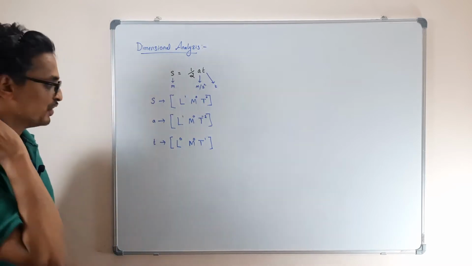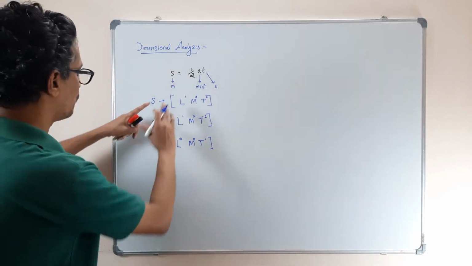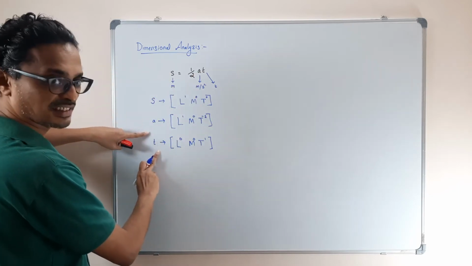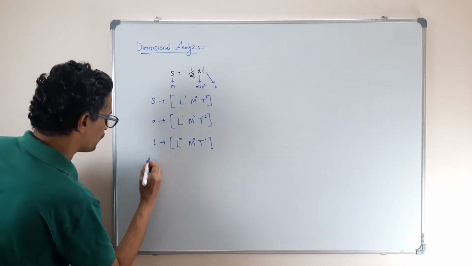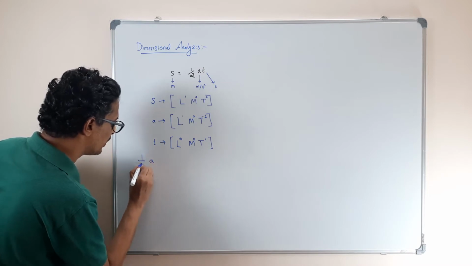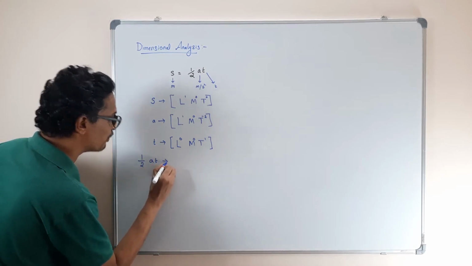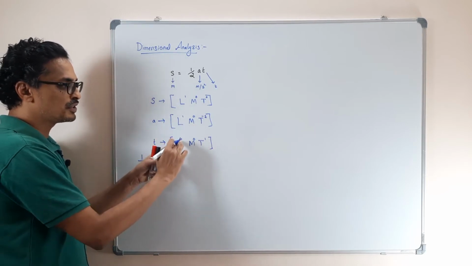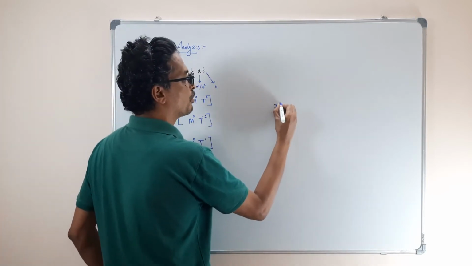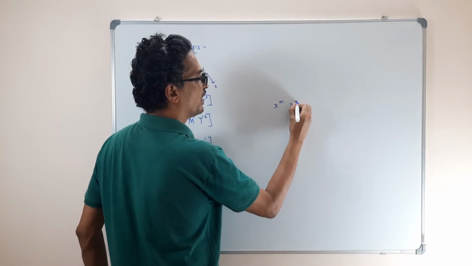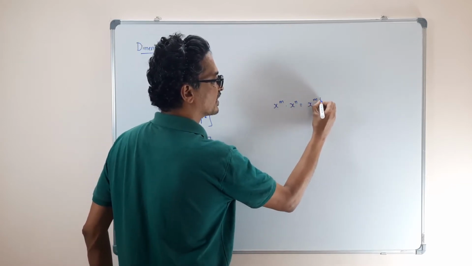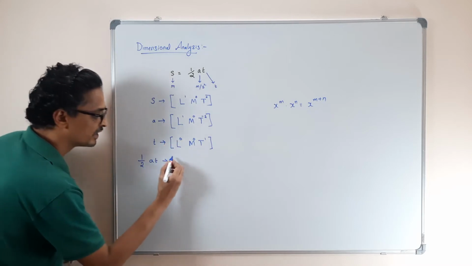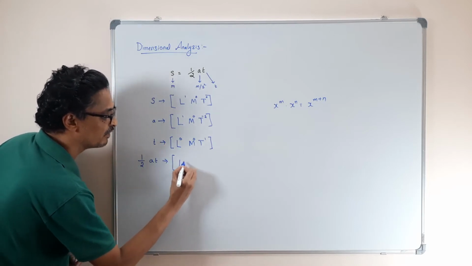Am I right? So now what we have is S is equal to half a t. So when I multiply both, I have to multiply them, right? So L power 1 into L power 0, you know that, X power m into X power n equals X power m plus n. So the same thing: L power 1 plus 0 will be L1.